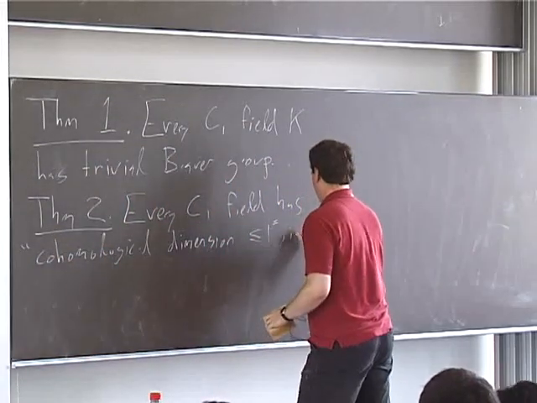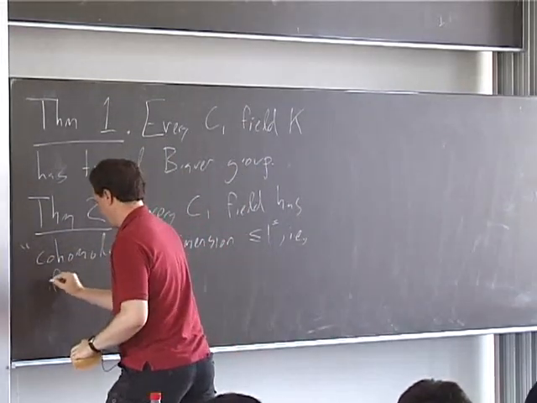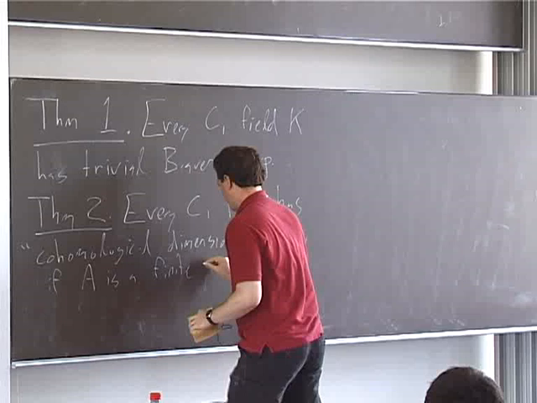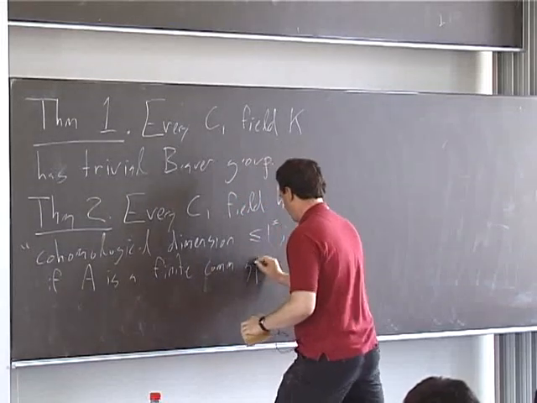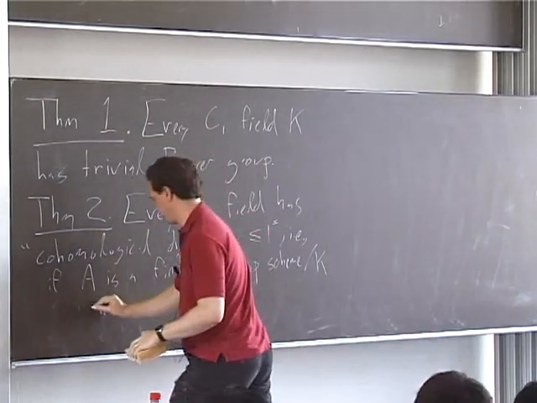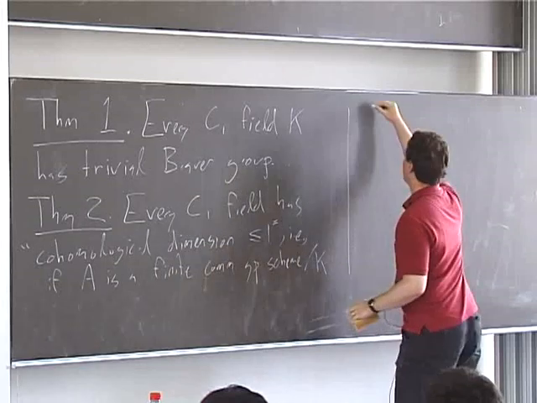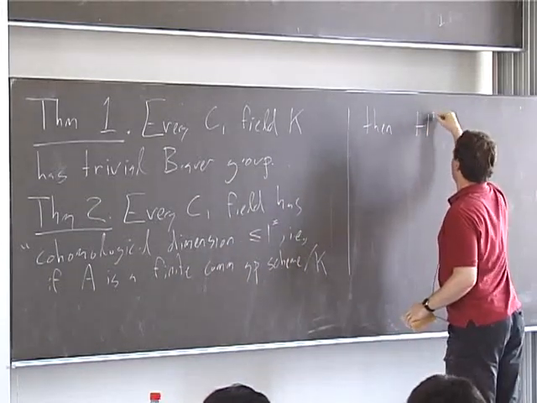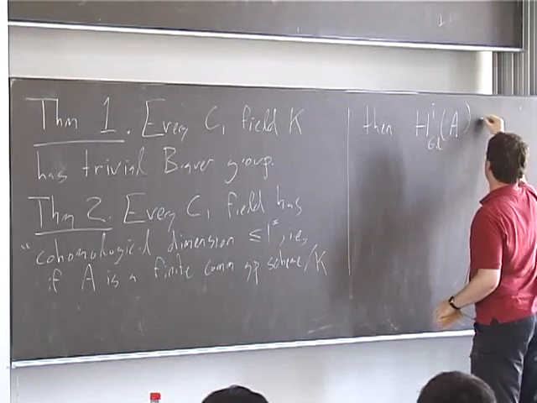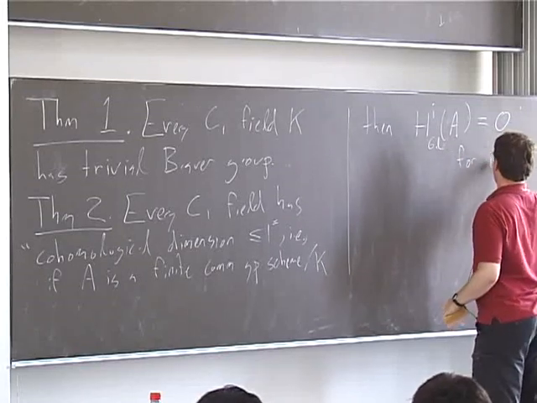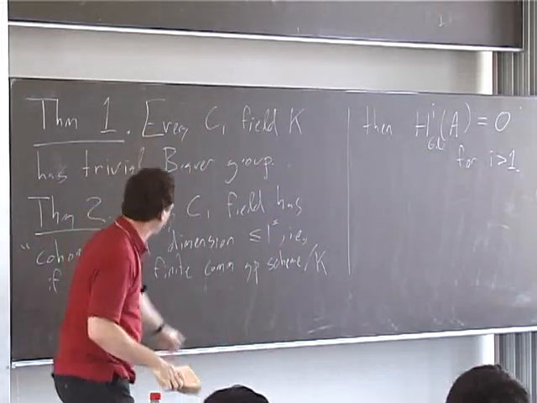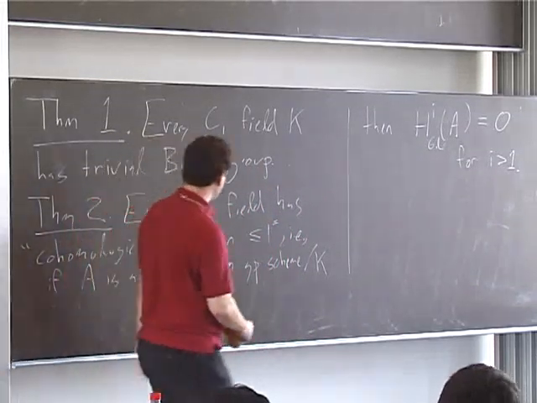It means that if A is a finite commutative group scheme over K with Galois action, then the higher Galois cohomologies of A are 0, for i bigger than 1. So you have Galois cohomologies only for i less than or equal to 1. That's what it means to have cohomological dimension less than or equal to 1.